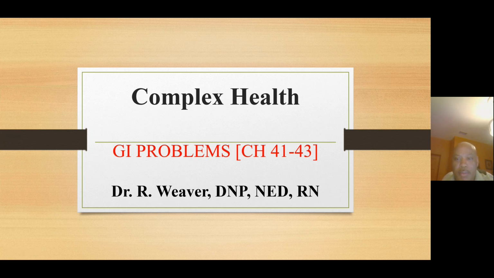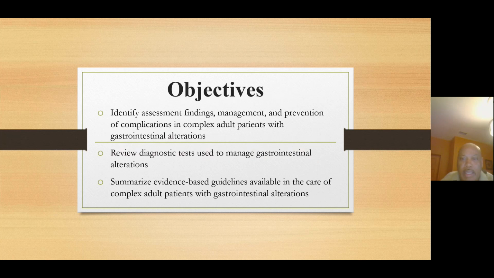So this is complex health, and we will be essentially covering chapters 41 through 43. All right, let's take a look at the objectives here. We have: identify assessment findings, management, and prevention of complications in complex adult patients with gastrointestinal alterations. If you've listened to my orientation to complex health video, you will understand that some of these disease processes you have already covered.